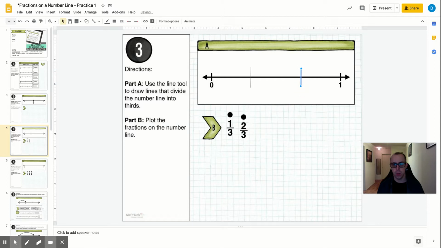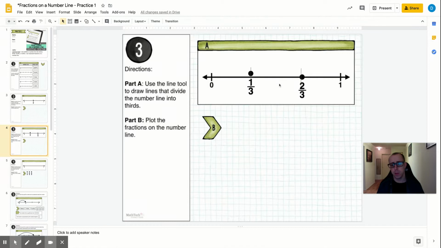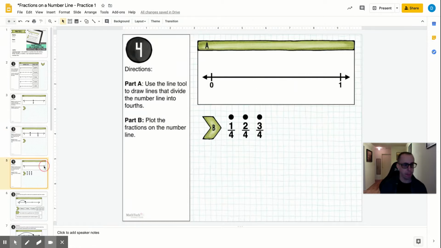Okay, there's your 1/3 and your 2/3, and then you drag the fraction to plot it on the line like this. So we have 1/3 and 2/3. Okay, and you can see that the spacing is about the same. I'm not looking for it to be perfect, but at least in the right area.